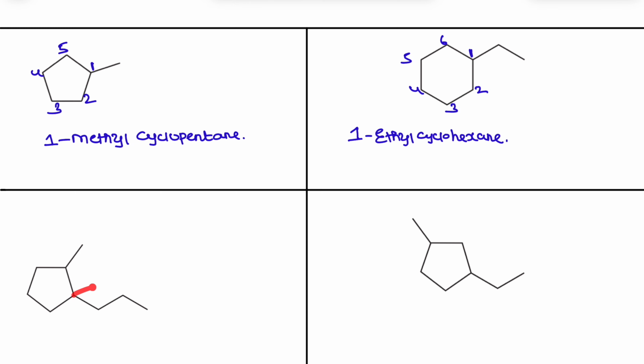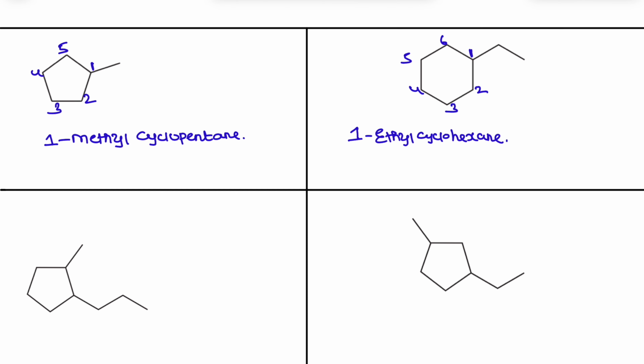You start either numbering from this side or this side. Least locant rule says 1,2 on both sides, 1 2, 1 2. When least locant rule is unable to decide, you have to depend on alphabetical order. This is methyl, this is propyl.